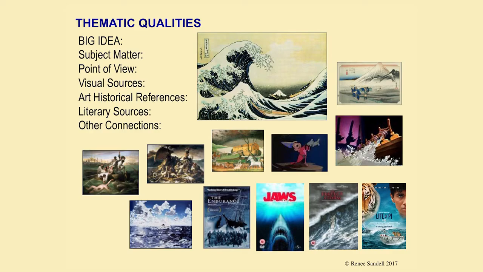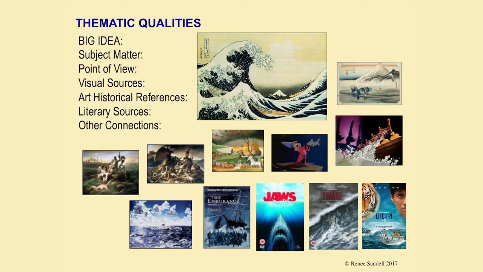We also can note literary sources that address that overwhelming power of water: Noah's Ark, Jonah and the Whale, Moby Dick, the Odyssey, and we could certainly look at music, theater, dance, and especially film.